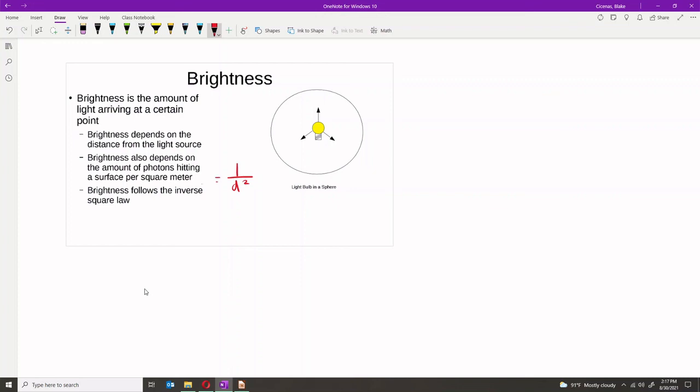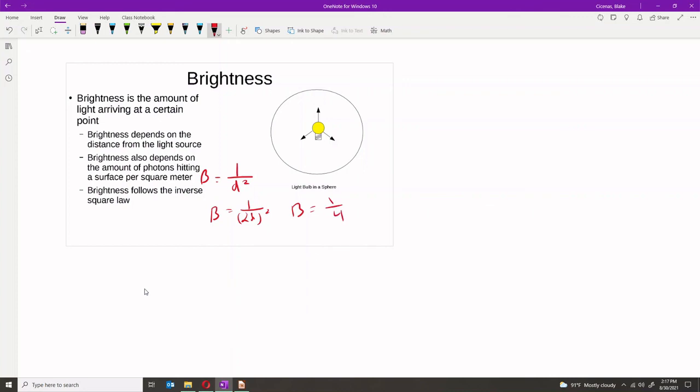Let's make a really simple equation. So brightness B is going to be 1 over d squared. If you double your distance, that would be 2d squared, and so you're then going to have 1/4.